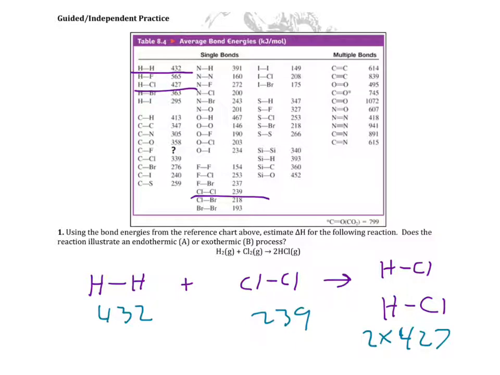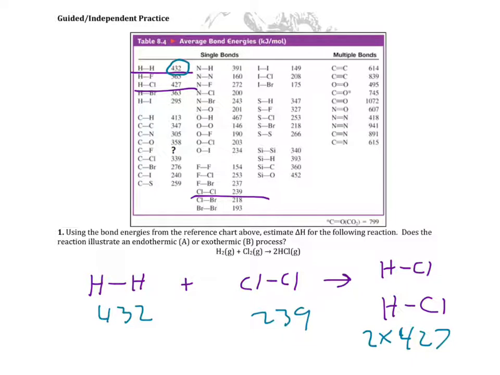Now, what do these bond energies mean? Again, you will not be asked to do this on the exam. I'm only showing you this to show you how this whole concept works. What this means is these bond energies here, this is the energy it takes to break a bond. It's also the energy that's released when a bond is formed.